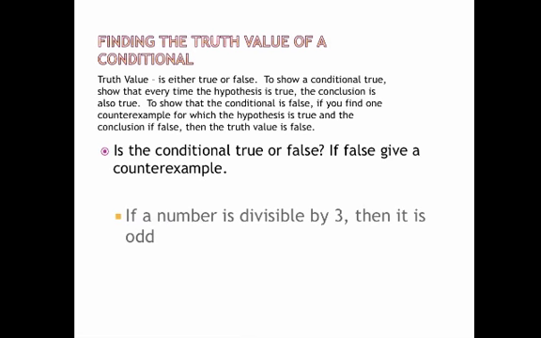Well, 6 is obviously divisible by 3, but it's not an odd number. So we know that this conditional is false, and a counterexample would be 6 because it's divisible by 3 and it's even. So a counterexample is just something that you figure out when you know the statement is false.